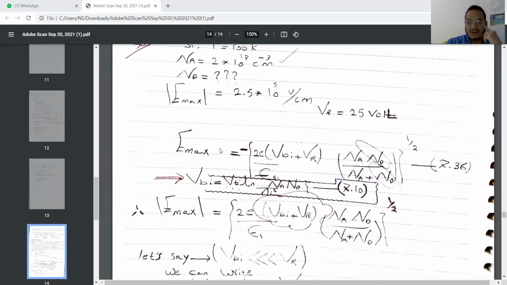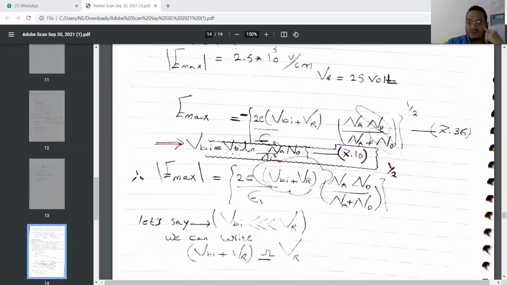Here, let's start from equation 7.36: Emax equals the square root of 2e times the built-in barrier potential Vbi plus the reverse bias voltage VR, divided by the permittivity, and with this we can calculate ND, the donor concentration.